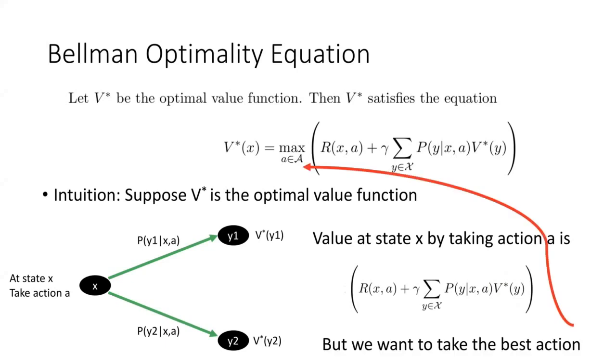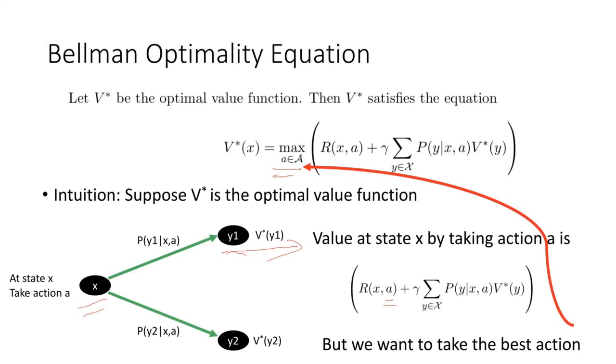But now you already know that you don't want to take any arbitrary action, because if you want to get the best value, you want to take the best action. So rather than taking an arbitrary action A, you want to take the best action by putting the max over A. Given that you are taking the best action at the state X, and given that you are following the optimal policy from the next state onwards, you should be getting the optimal value in the state X also.